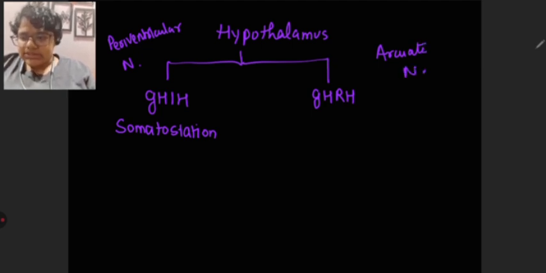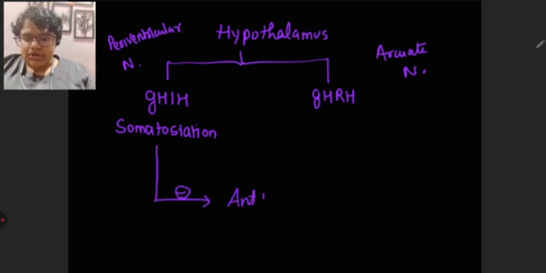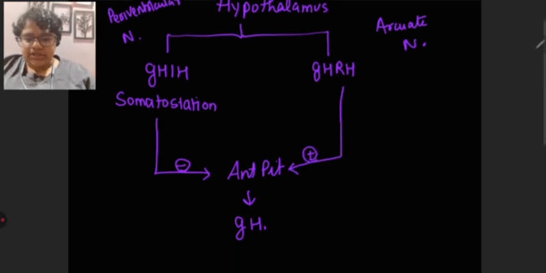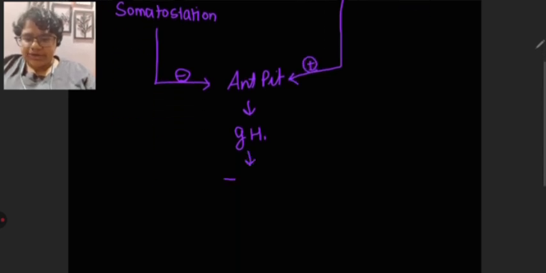As the name suggests, this growth hormone inhibiting hormone inhibits the anterior pituitary from releasing growth hormone, and this growth hormone releasing hormone stimulates the anterior pituitary to secrete growth hormone, which acts on target tissues to produce insulin like growth factors called somatomedins.